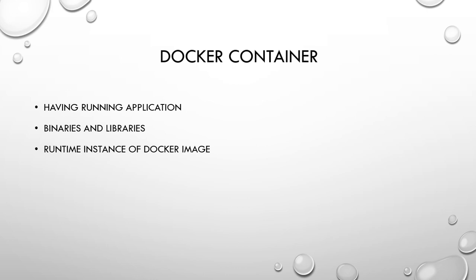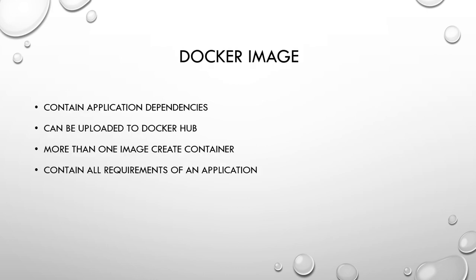Now, what is a Docker image? Let's discuss it. A Docker image contains application dependencies. The dependencies that are required for an application are present inside the Docker image, and the Docker image can be uploaded and downloaded from the Docker Hub.